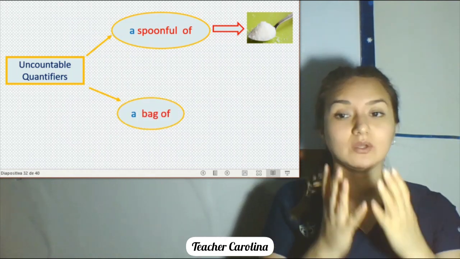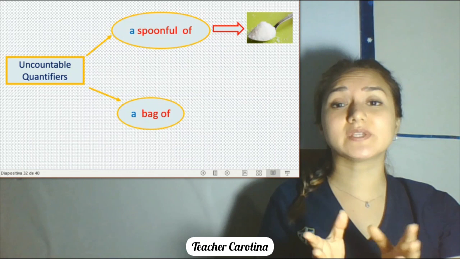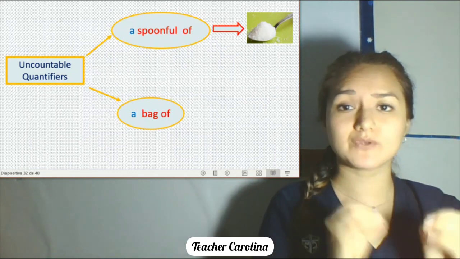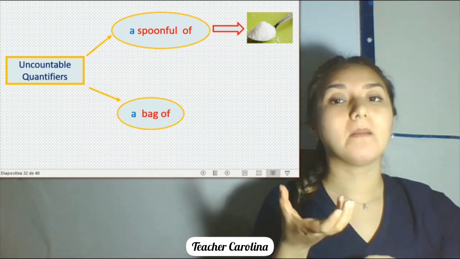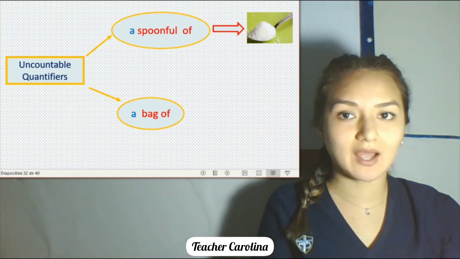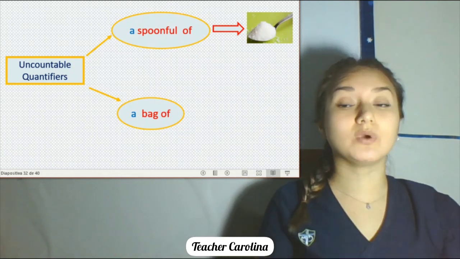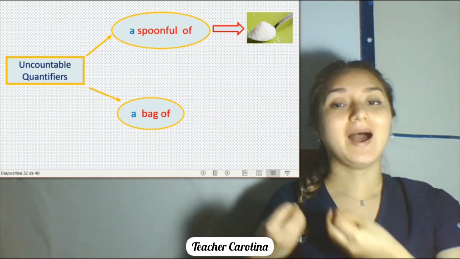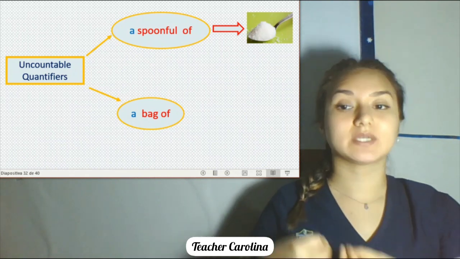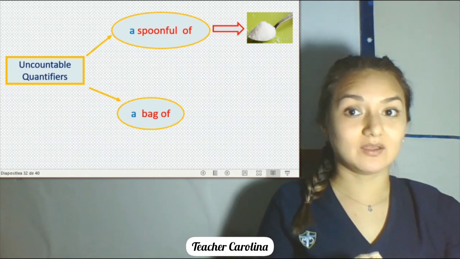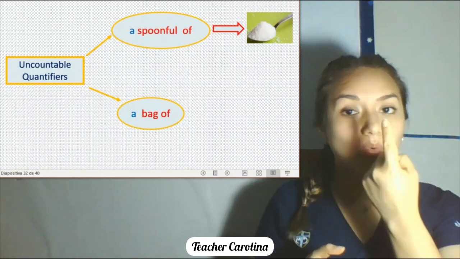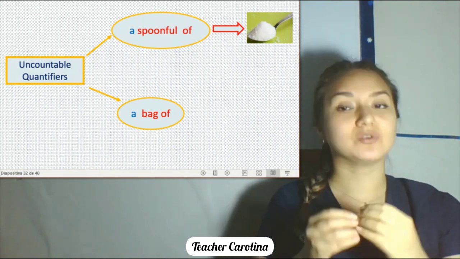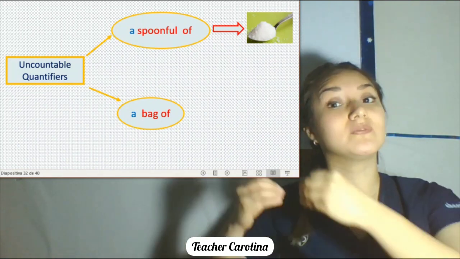Now in here. A bag of. Also, you can say a bag of. For example, you can say a bag of sugar. ¿Qué cosa es ese bag? Bag es bolsa. A bag of sugar, una bolsa de azúcar. A bag of salt, una bolsa de sal. Remember, una sal no dices. You can say a bag of salt.